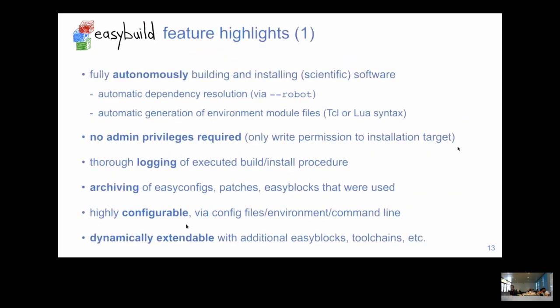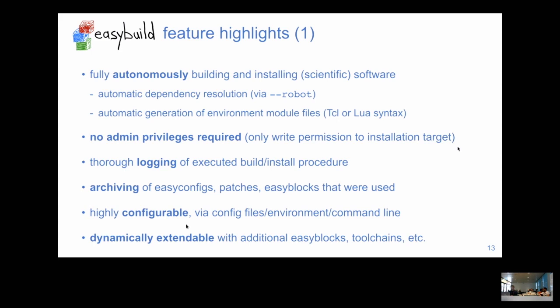So what can EasyBuild do today? What does it have in terms of features? The main feature, of course, is fully autonomously building and installing software with a focus on scientific software. So you basically tell EasyBuild what to install, you hit enter, it goes and does the installation, and you can go out for coffee, and when you're back, hopefully it will be done installing the software for you.